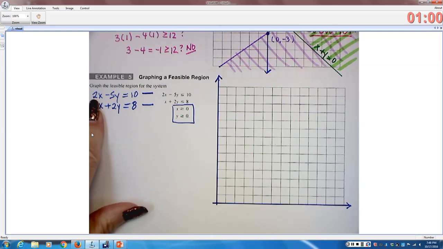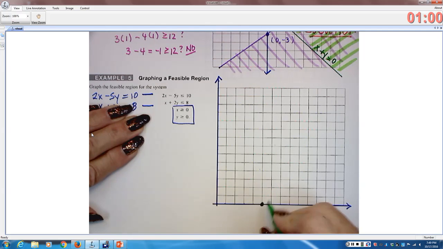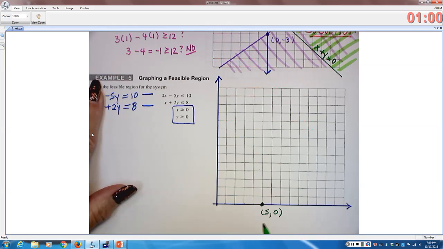So let's see, for 2x minus 5y equals 10, if y is 0, x is 5. And if x is 0, y is negative 2. That didn't help me much.